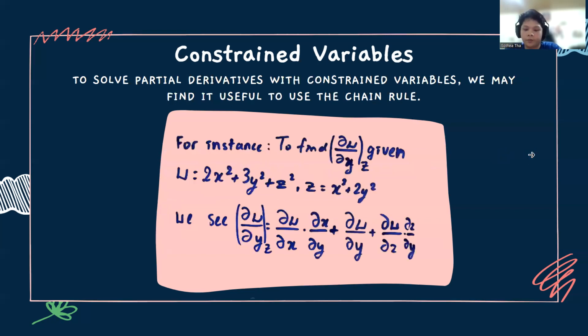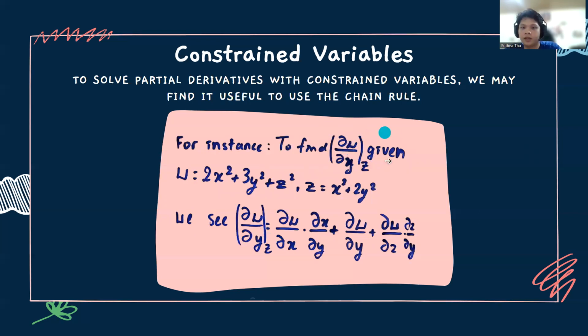Now, the chain rule. The chain rule is a rule that can be used to solve problems containing partial derivatives with constrained variables. As we see in this problem, we're given w equals 2x squared plus 3y squared plus z squared, and the constraint relation is z equals x squared plus 2y squared, and we will have to find dw over dy while keeping z a constant.